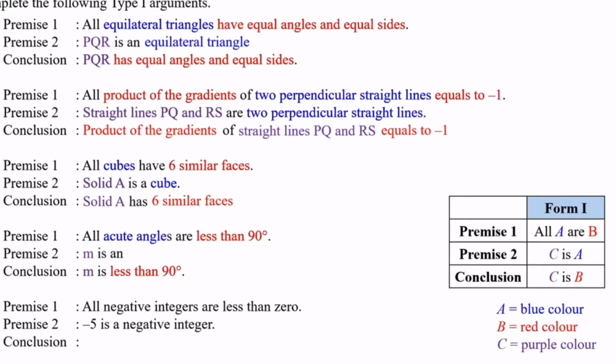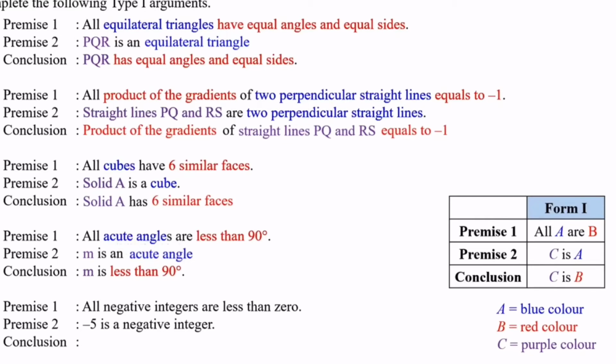That is the answer for premise 2. Can you see the pattern? M is an acute angle. Alright, let's see the last one.